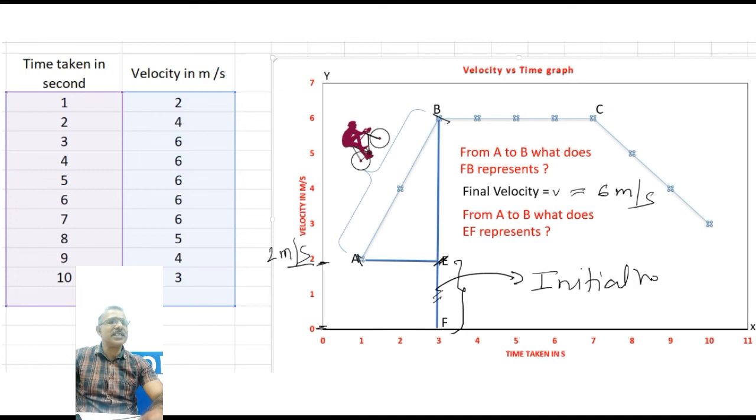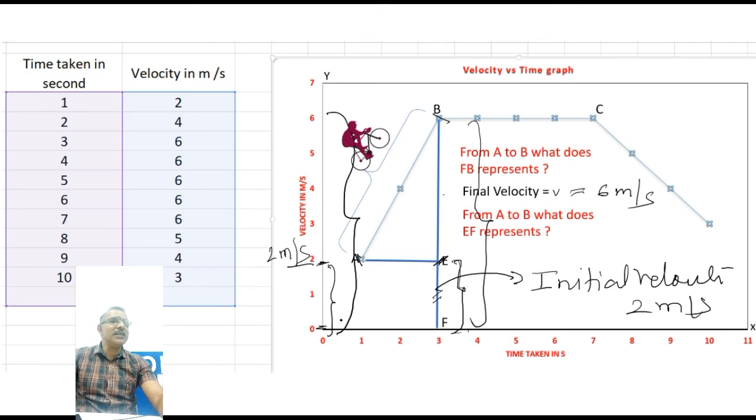Initial velocity, which is 2 meter per second. I'll emphasize again, this is a very important interpretation of the graph. This particular line from here to here is the initial velocity, and from here to here it is the final velocity.